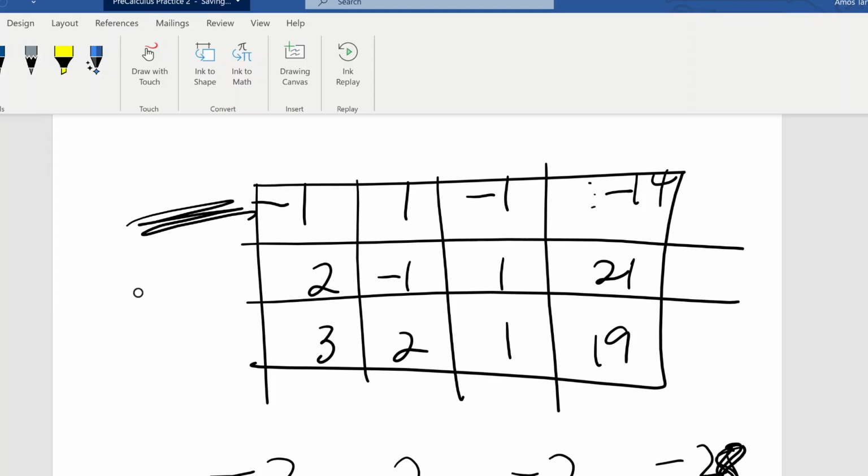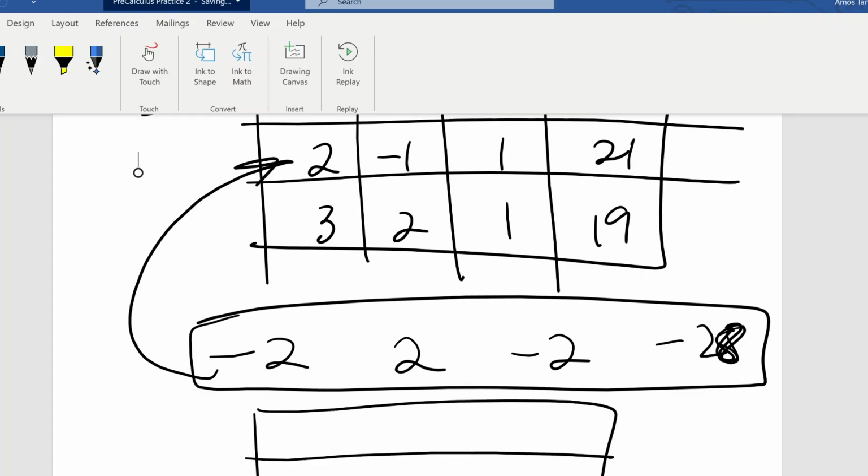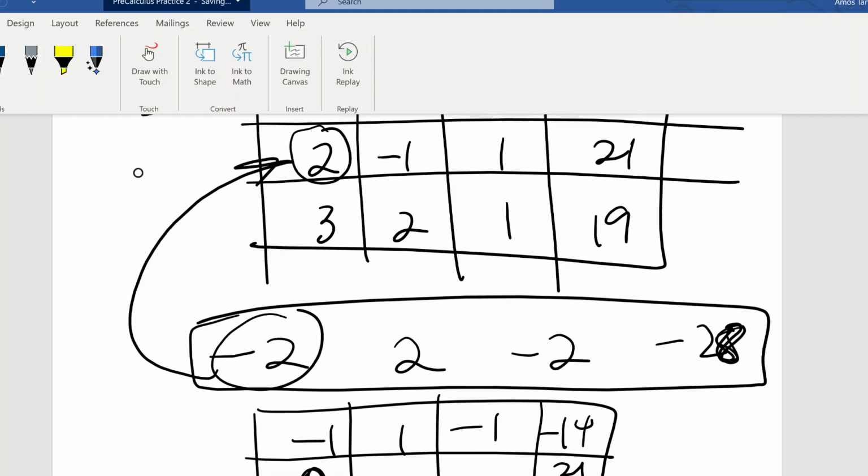Imagine this is an intermediate step, and you allow these two to add. That means your first row is still going to be the same, negative 1, 1, negative 1, and negative 14. Now our new second row will have 0 here because 2 minus 2 is 0. Then minus 1 plus 2 gives me a 1.